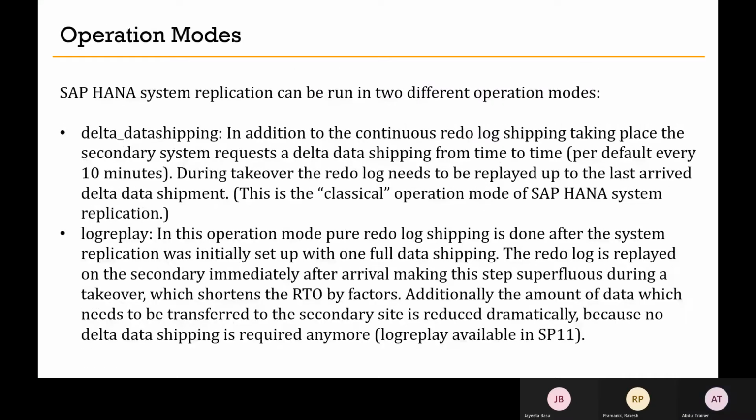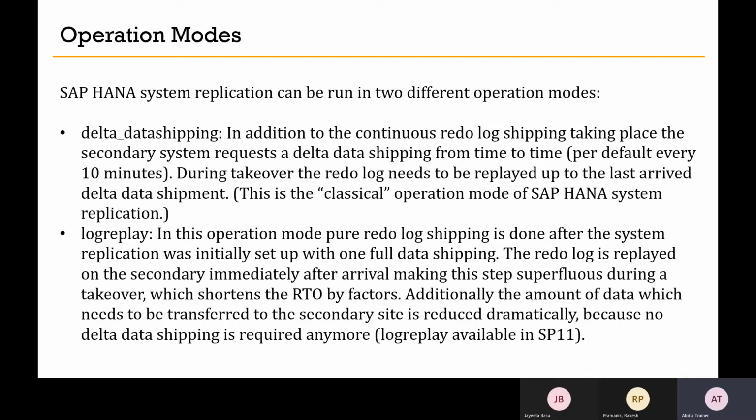Operation mode. The operation mode in HANA system replication decides what data is going to be transferred to the secondary. We have three types of operation mode in HANA database. The first, the classical one, is the delta data shipping.